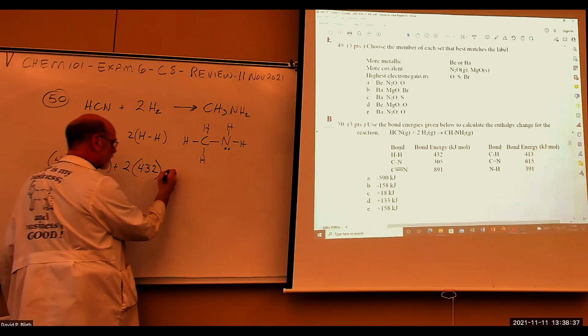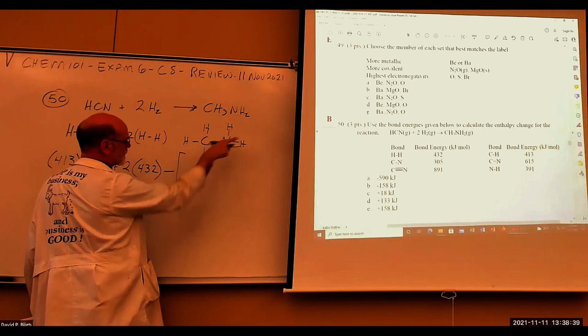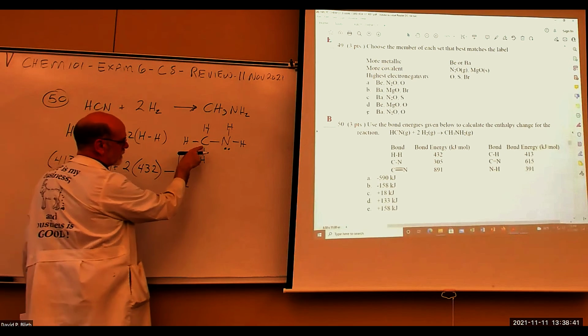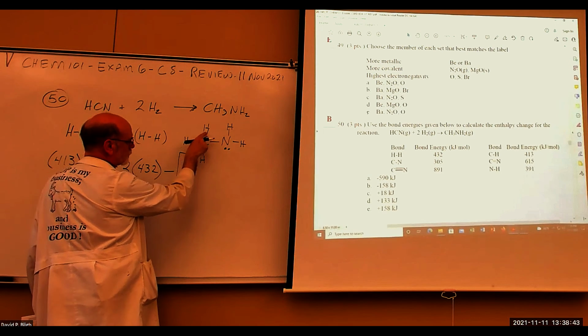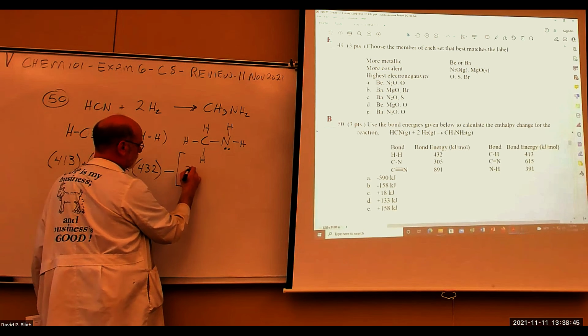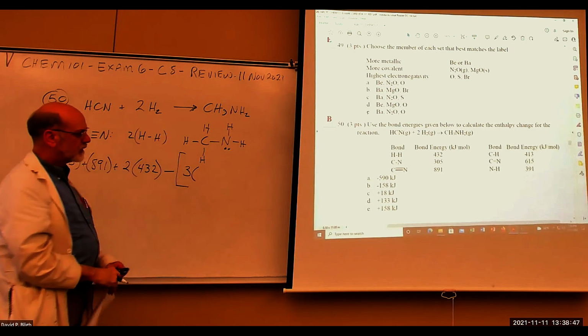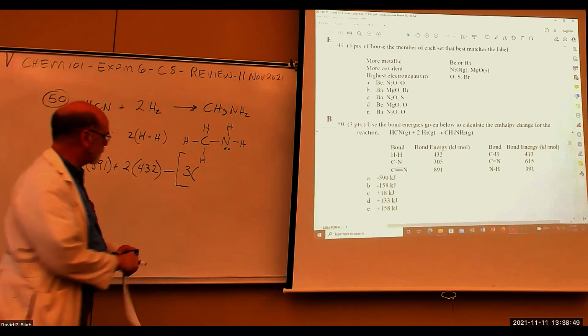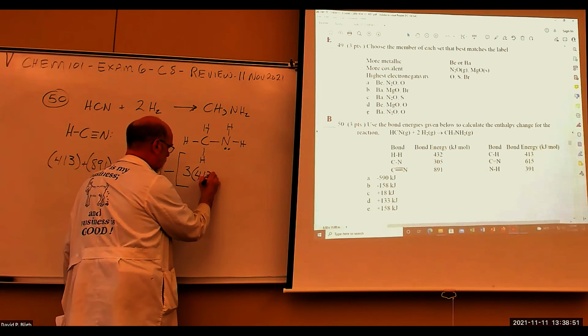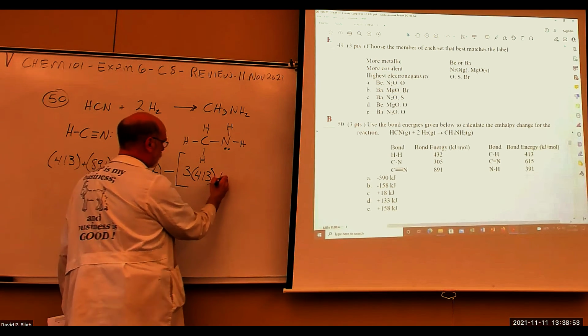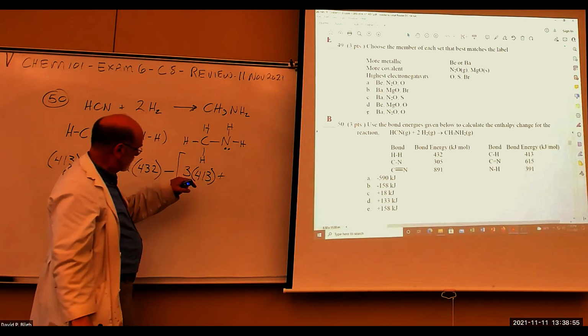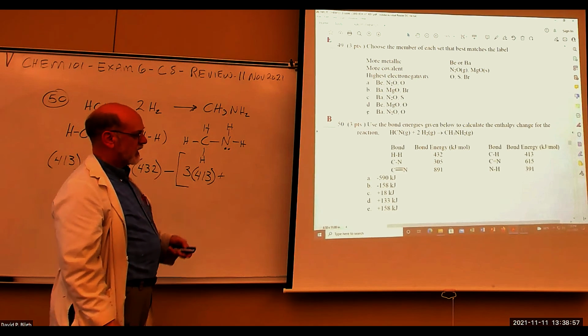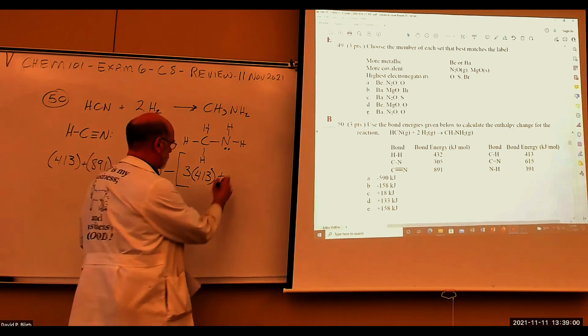Now we're going to subtract everything on this side. So we have 1, 2, 3 carbon-hydrogen bonds, which is right here, 413. And then we're going to add together that one carbon-nitrogen bond, 305.